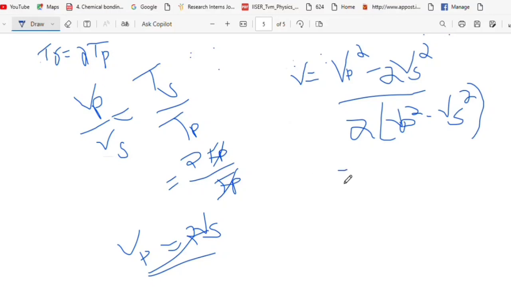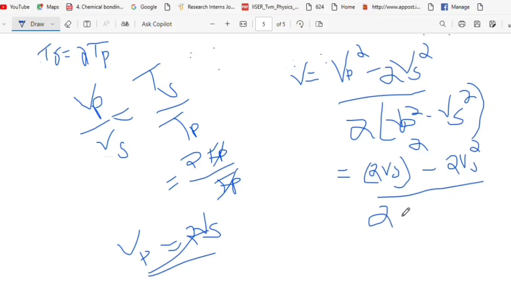Here we can substitute Vp as 2Vs. Then we get ((2Vs)² minus 2Vs²) divided by 2((2Vs)² minus Vs²).